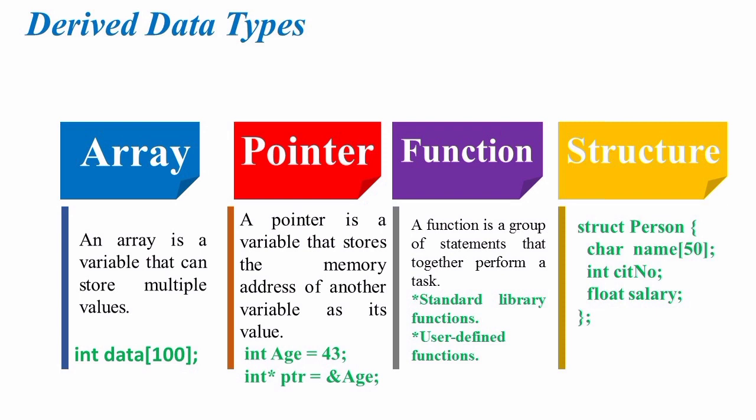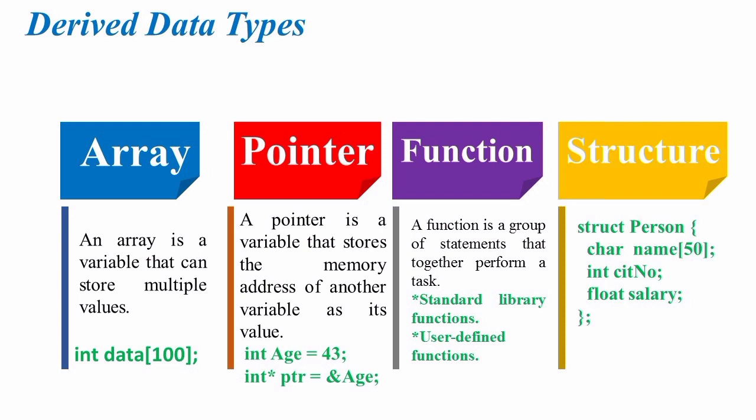Next, structure. In C programming, a structure is a collection of variables that can be of different types under a single name. Here is an example. The struct is the keyword that is used for structure. Person is the name of the structure.